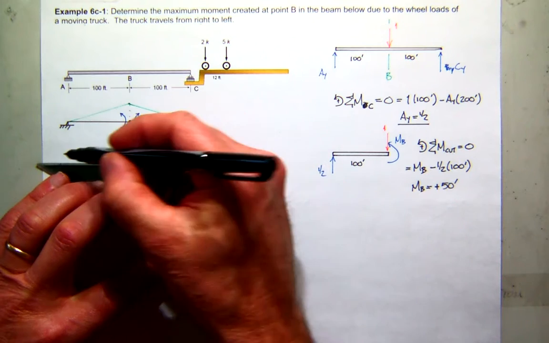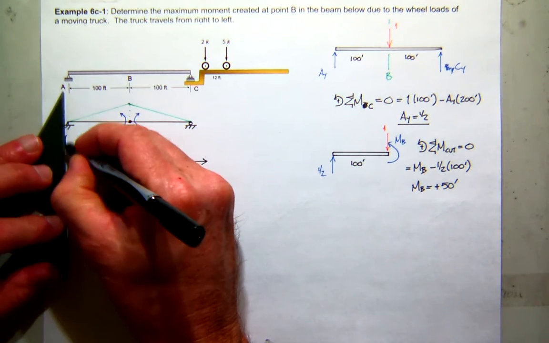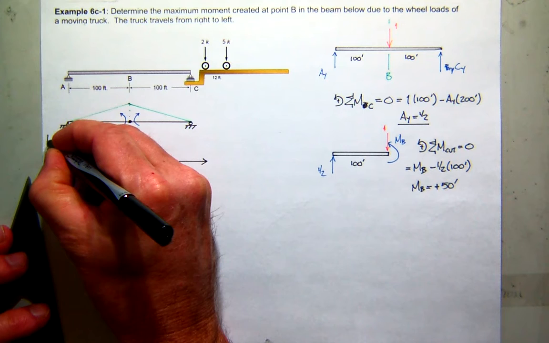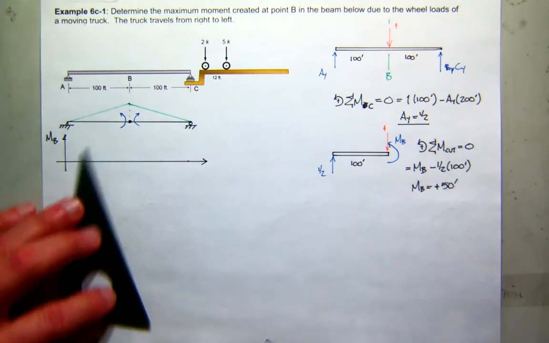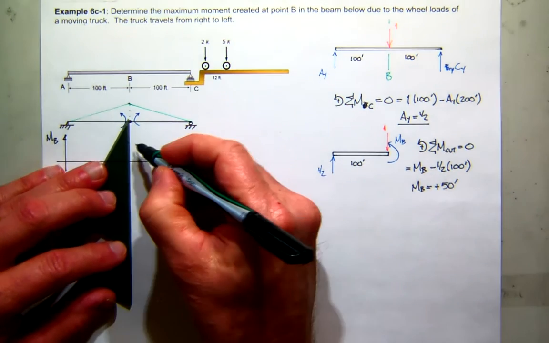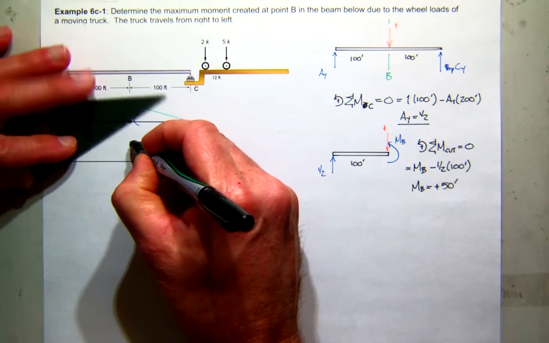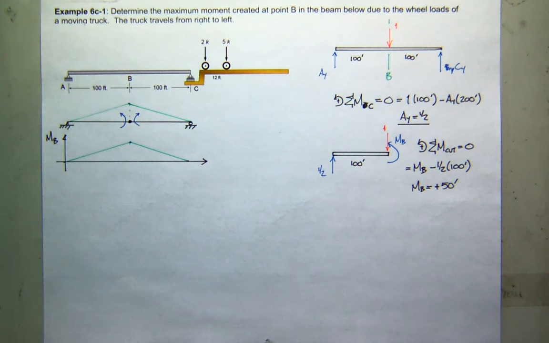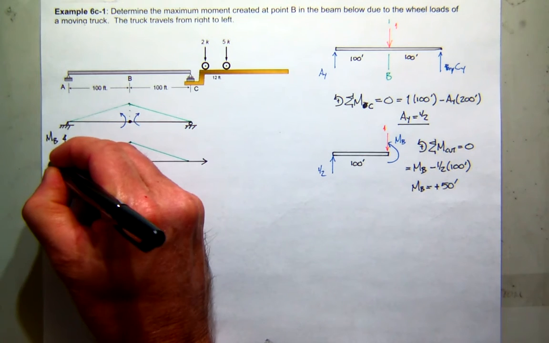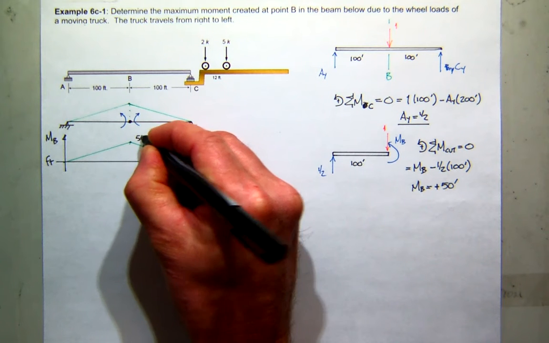So I'll come back and more clearly draw this. So my influence line for the moment at B looks like this. The unit is in feet, and this will have a value of 50.